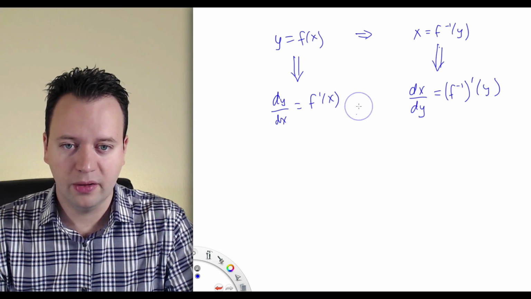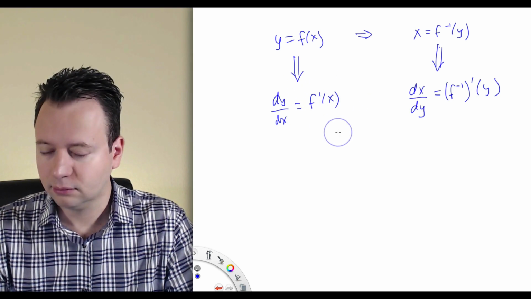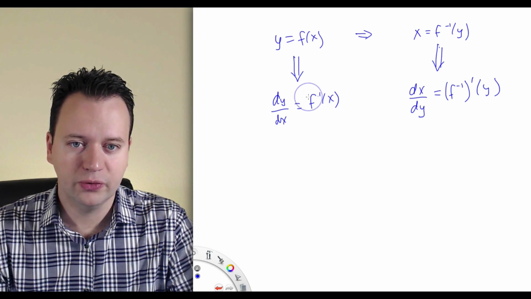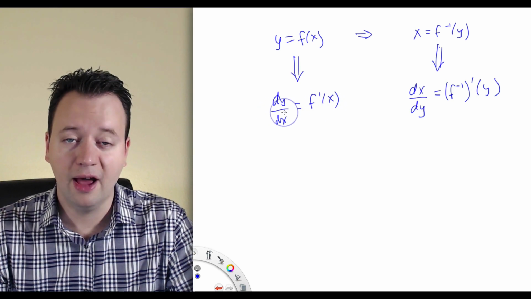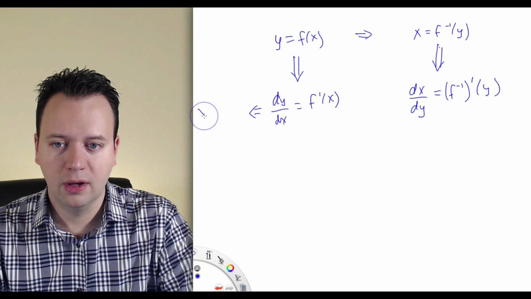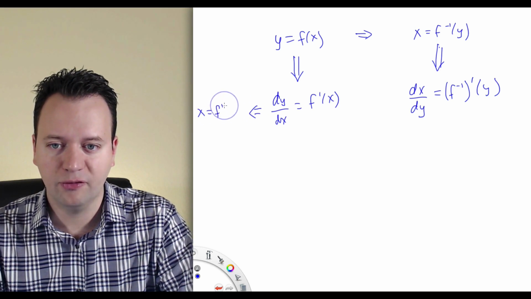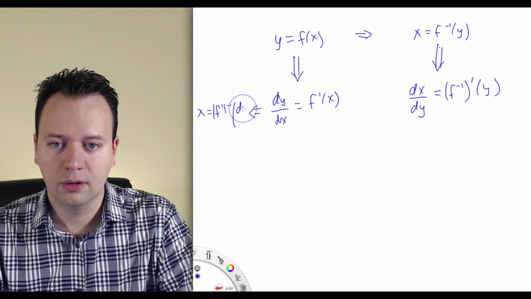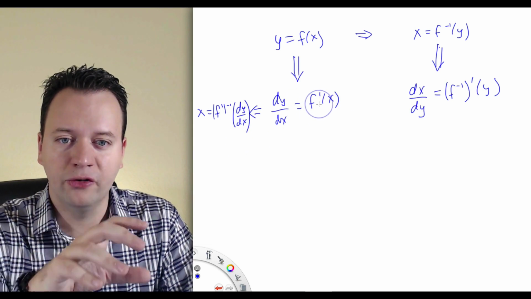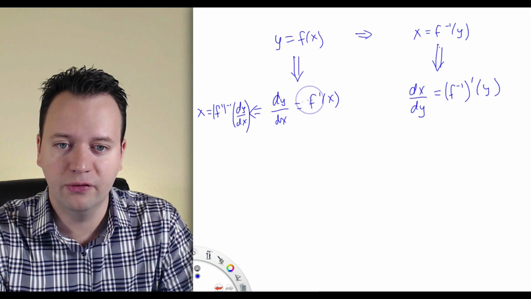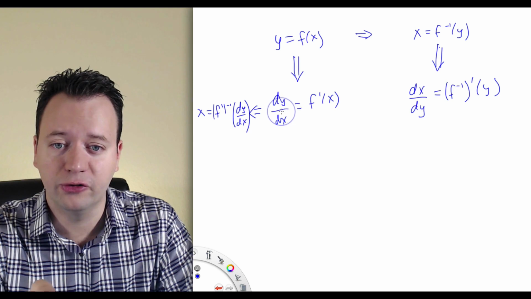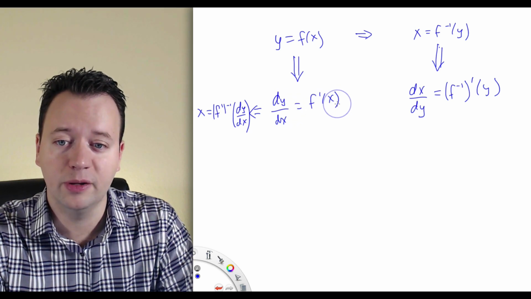Now if I take the inverse of this one, on the other hand, so from here, I can flip this one and say x is equal to f prime inverse. So I guess I'll just move that over here. So if I take the inverse of this and say x is equal to f prime inverse of dy dx, right? Because if I apply the inverse function to f prime, so if I do f prime inverse, it's inverting this relationship right here, which means the input of f prime inverse is going to be dy dx, and the output is going to be x.